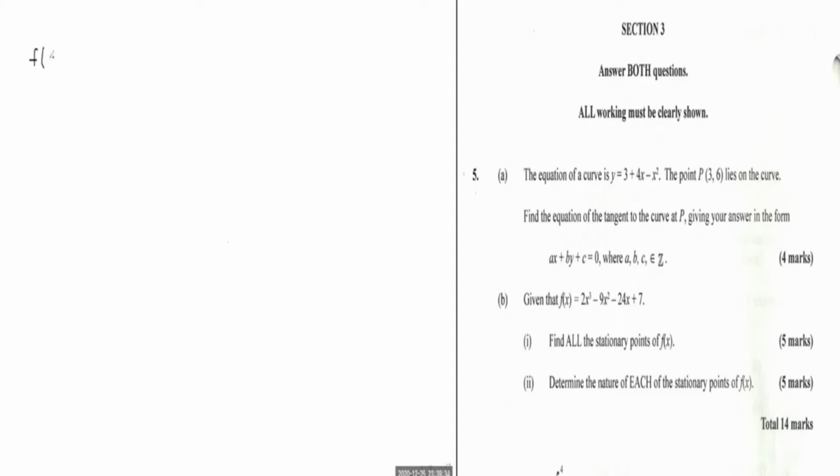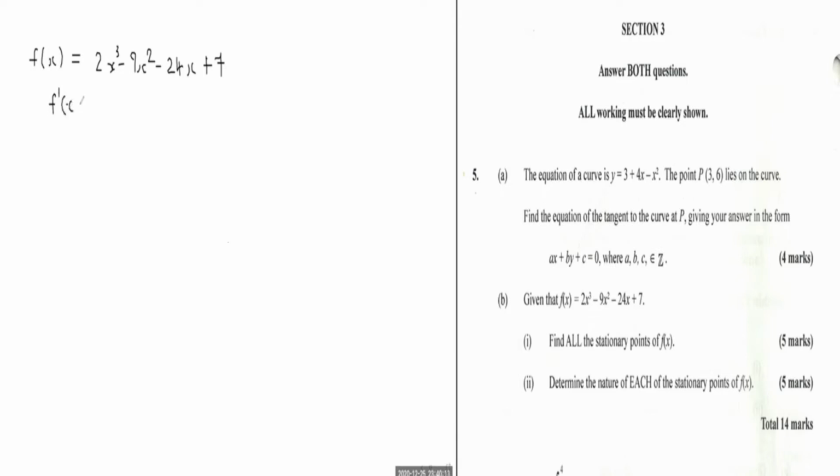So we have our f of x, and it says that f of x is 2x cubed minus 9x squared minus 24x plus 7. This is f of x. All right. Now, first thing we need to do is we need to find f prime of x.